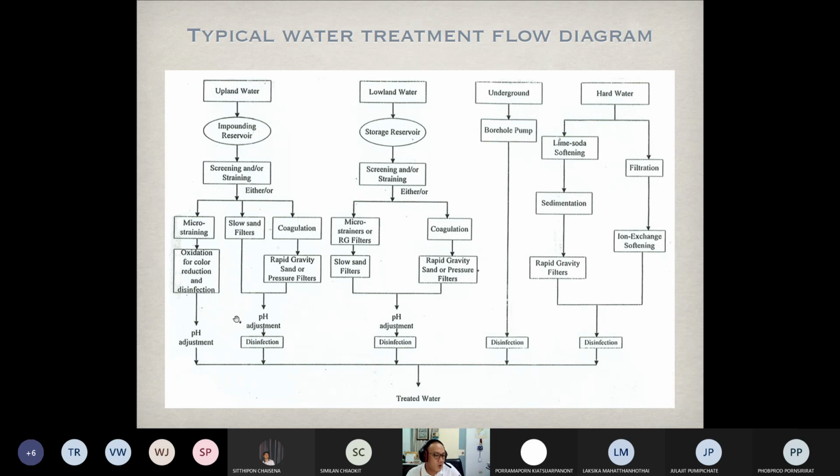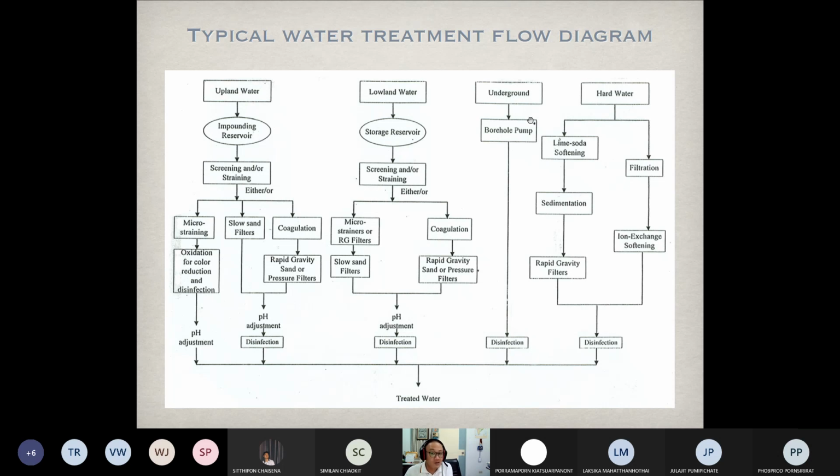But for upland water, maybe disinfection is not required. But if we use groundwater, it's nothing but just disinfecting the water before use. Coagulation, flocculation, sedimentation, and rapid sand filters are not required. So we just finish by disinfection before distributing to the consumers' houses or to the community.